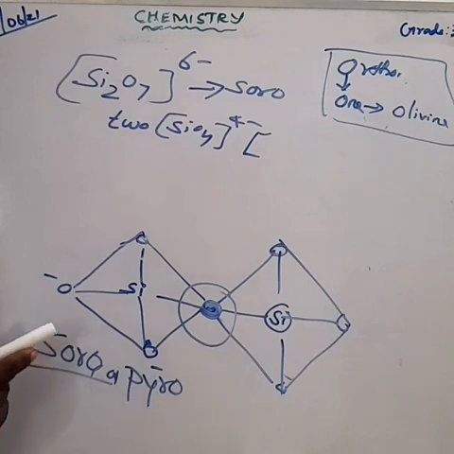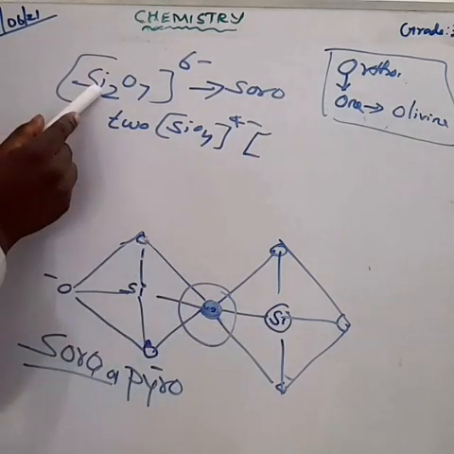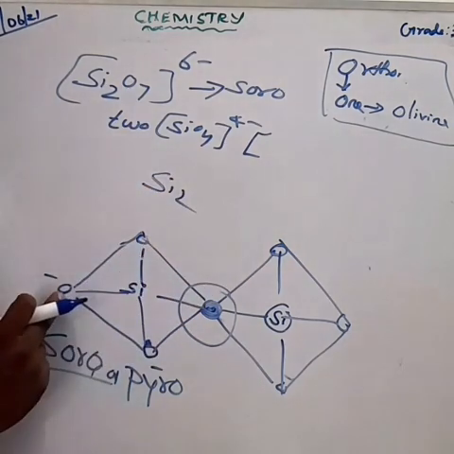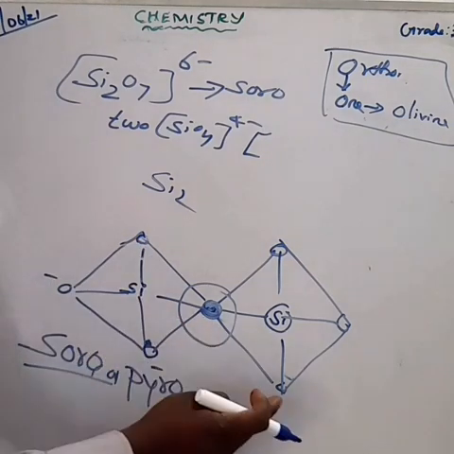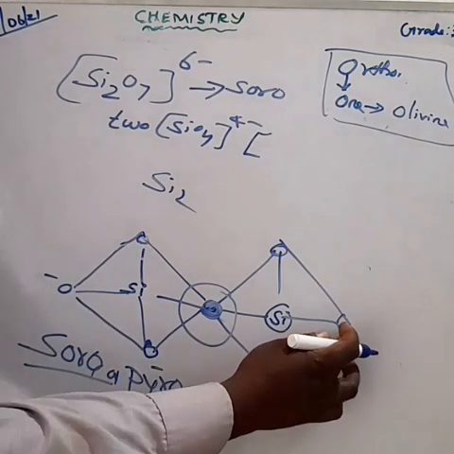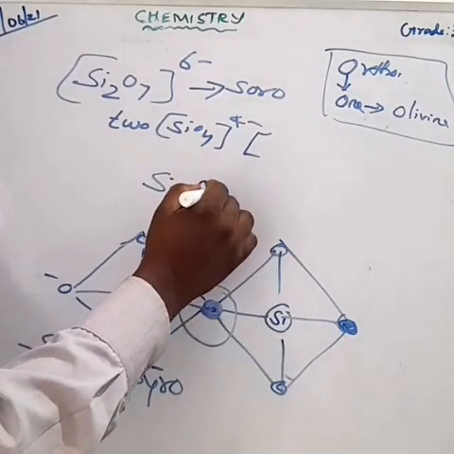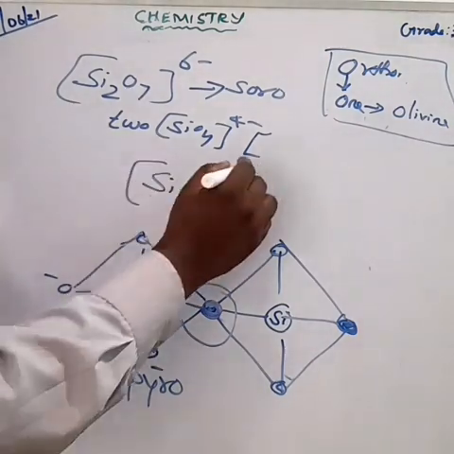How much Si is there? 2 Si, so we write Si2. How much oxygen is there? 1, 2, 3, 4, 5, 6, 7. 7 oxygen. So the formula is Si2O7 6 minus.